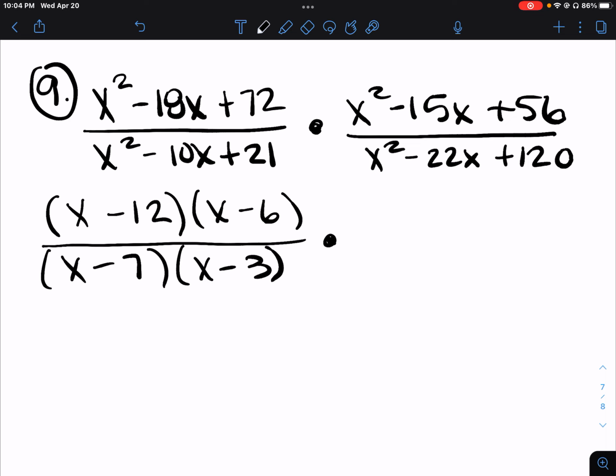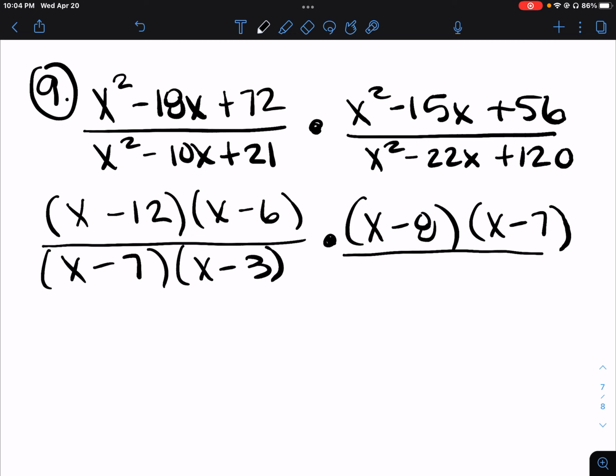So that would be minus 8 and minus 7. Bottom right, multiply to positive 120, add to negative 22, would be negative 10, and negative 12.